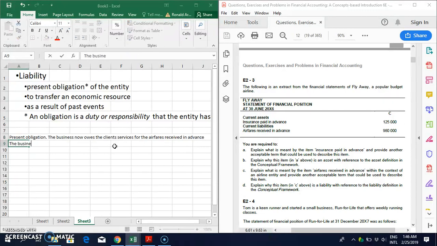The business should now provide the service of flights to the respective clients. So who they receive the money from, they now have to do that. What is the transfer of the economic resource?